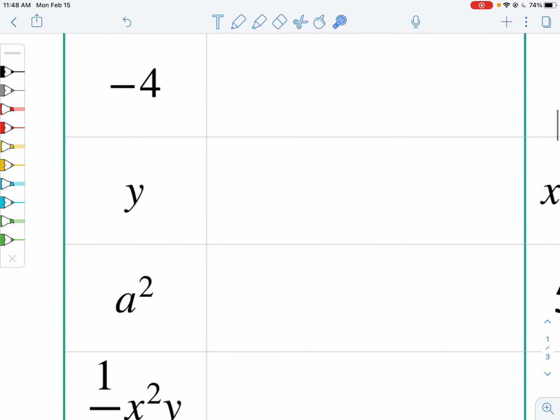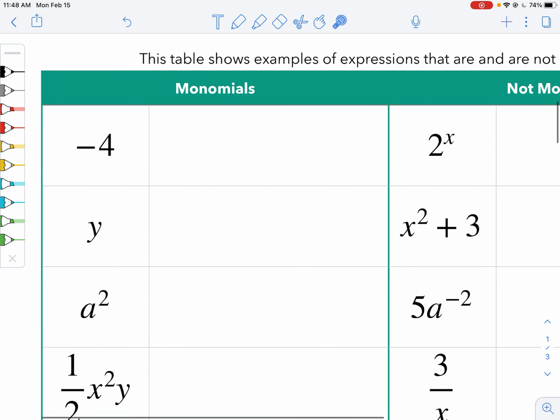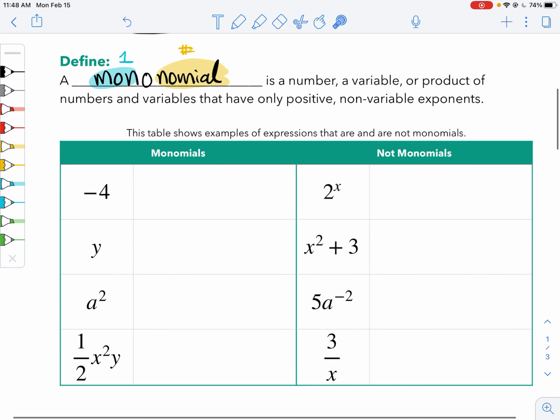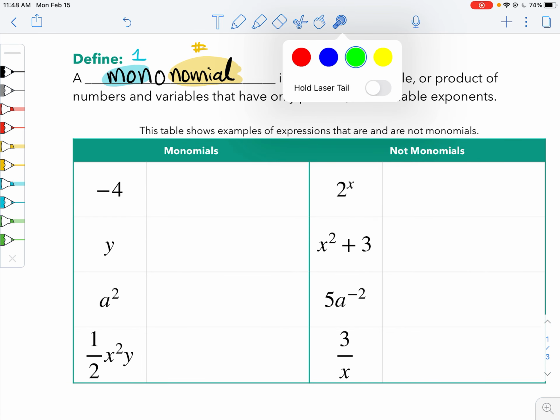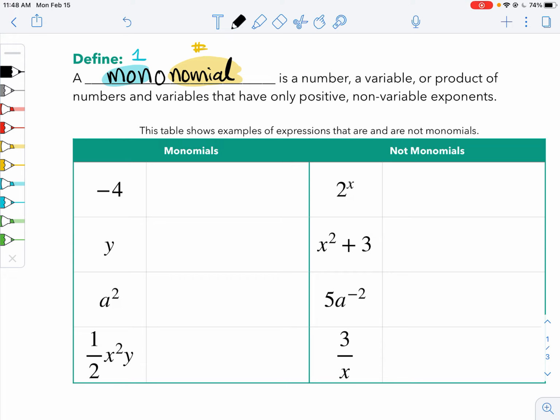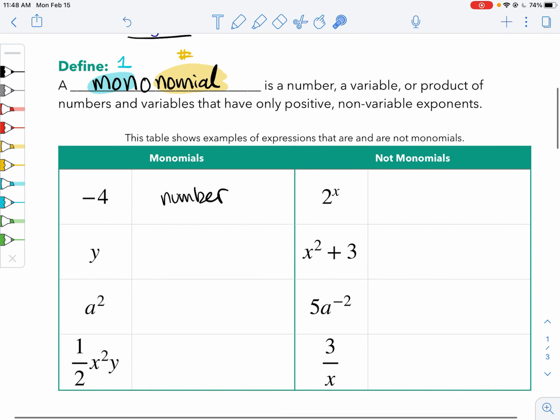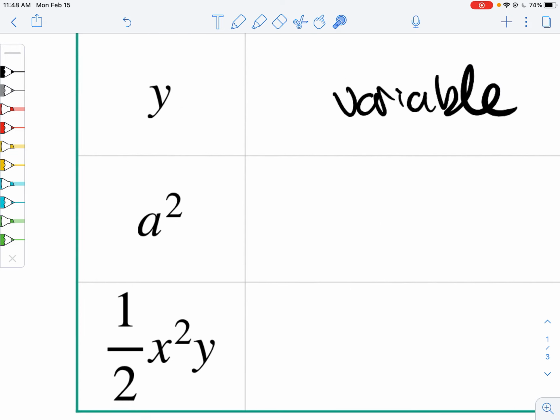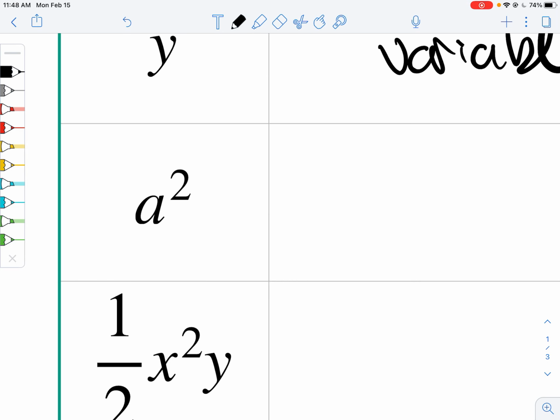Okay. So this -4 is a monomial because it's a number. Y is a variable. It's just one thing. When you think monomial, think one thing. Variables represent numbers. A squared is a monomial because there's just one guy there. It's a times a, but you can combine those to get a squared.